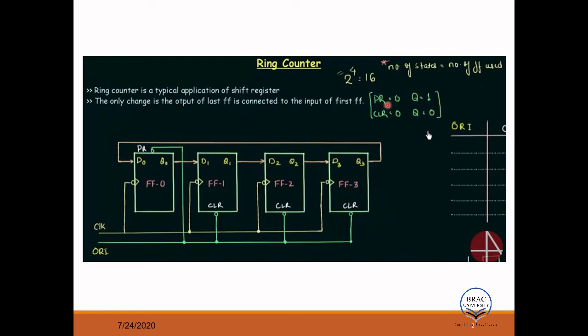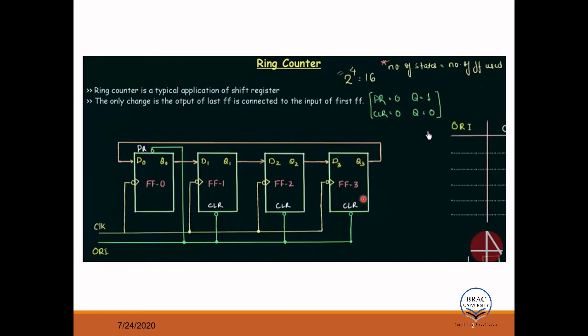Preset low means setting the flip-flop to 1, and clear low means setting the flip-flop to 0, right? So it will be only activated when your override is activated, right? Preset and clear will be activated when override is activated.